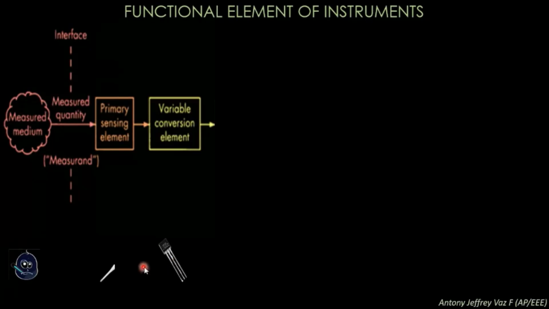Here, the temperature which is going to be measured is supplied to the top of the sensor, and this physical transmission of temperature from our body to the sensor body is done by the primary sensing element.